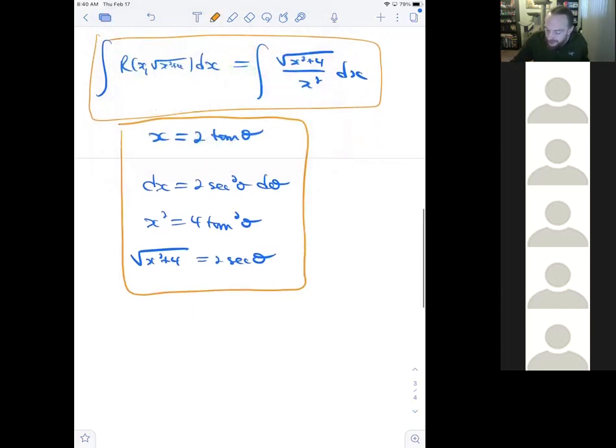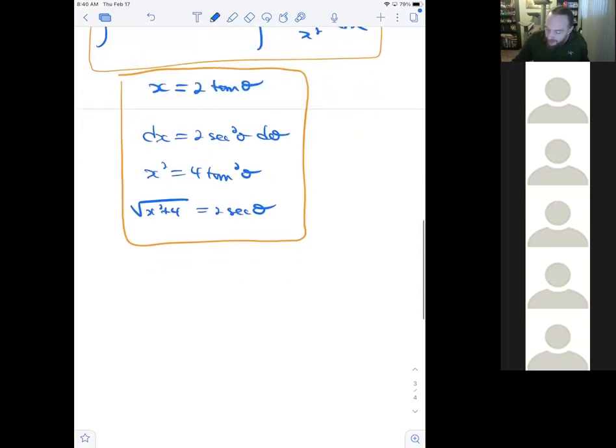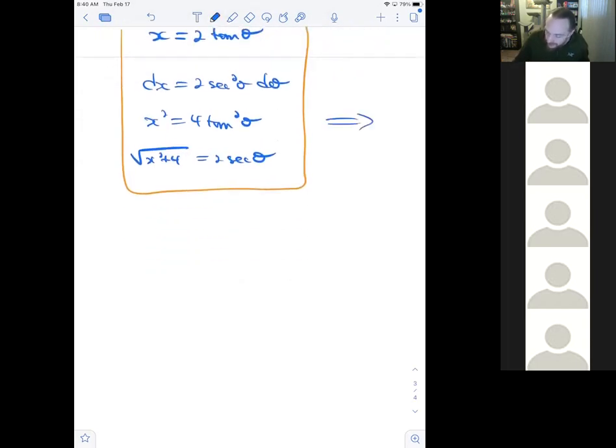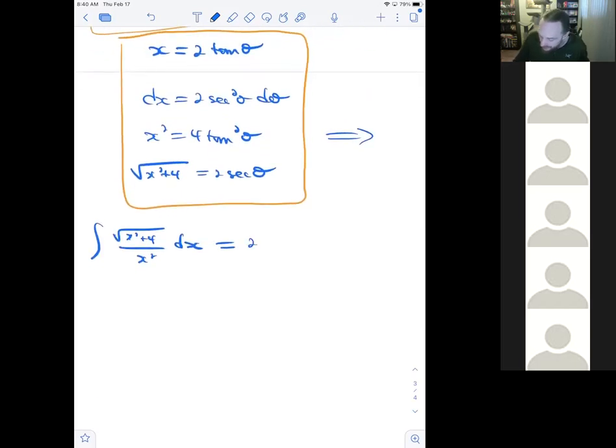I make that trigonometric substitution, and we get the integral of the square root of x squared plus 4 over x squared dx is now equal to, with our substitution, the integral of 2 secant theta on top, dx is 2 secant squared theta d theta, and this is over 4 tan squared theta.